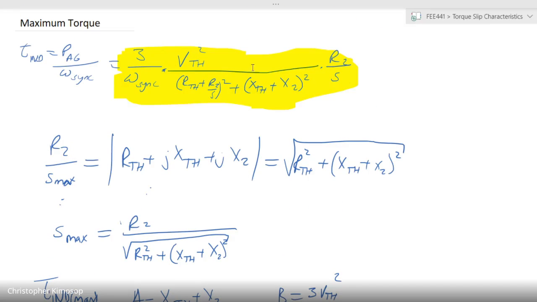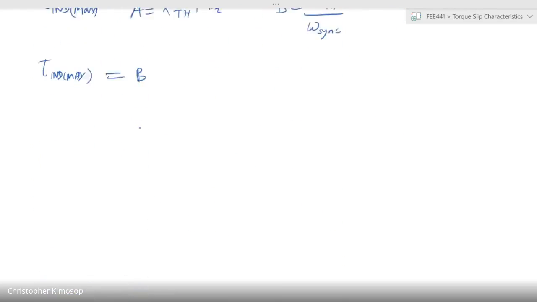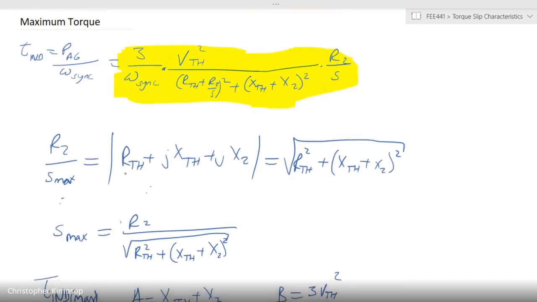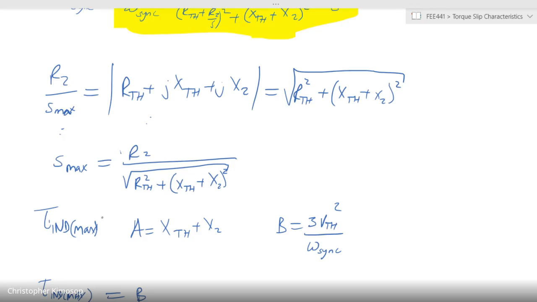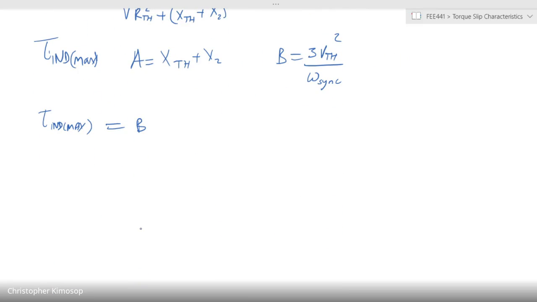We have B there, then we introduce A there, so it will look like B times 2 over S. Just a second.